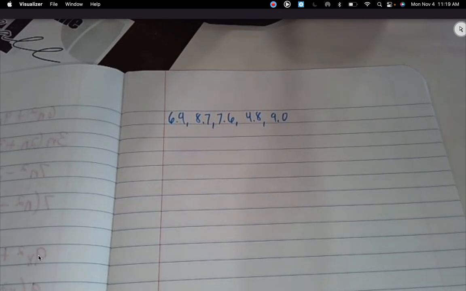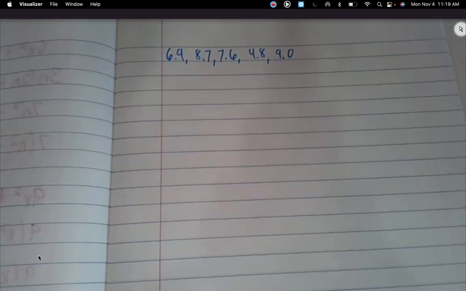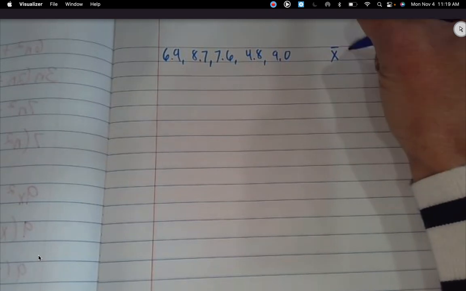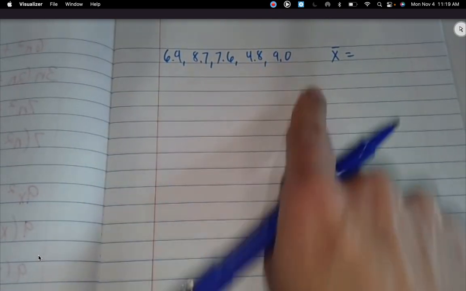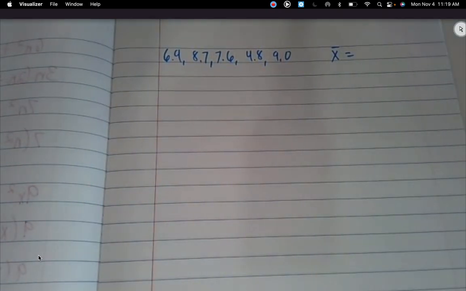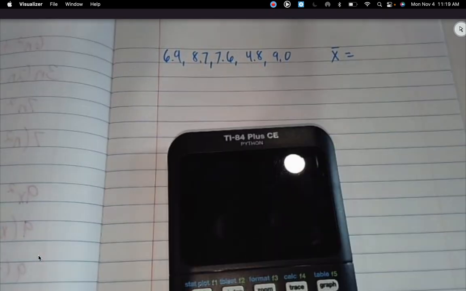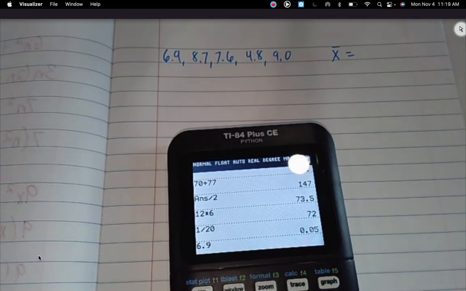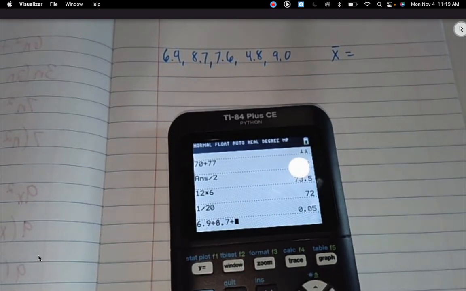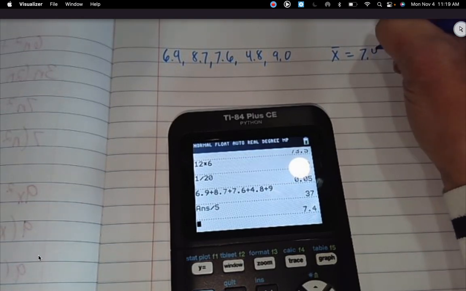We find the mean, the average. How do you find the average? You add them up and divide by however many there are, which in this case is 1, 2, 3, 4, 5. So I've got the answer, but we'll go through it. We've got 6.9 plus 8.7 plus 7.6, 4.8, and 9, divided by 5. And my average is 7.4.